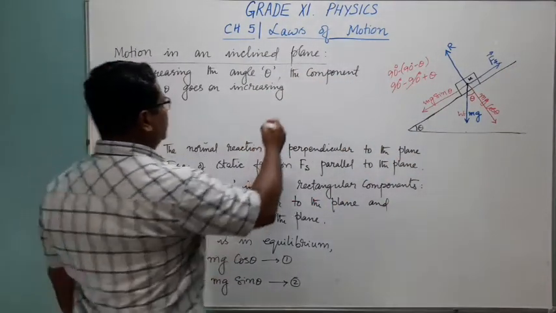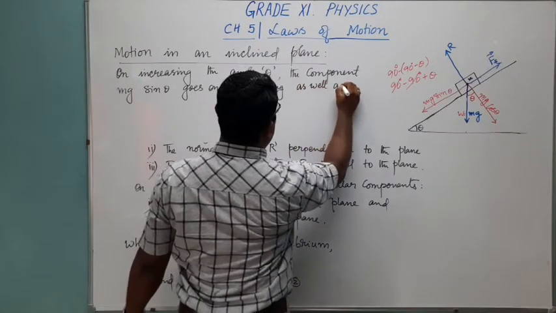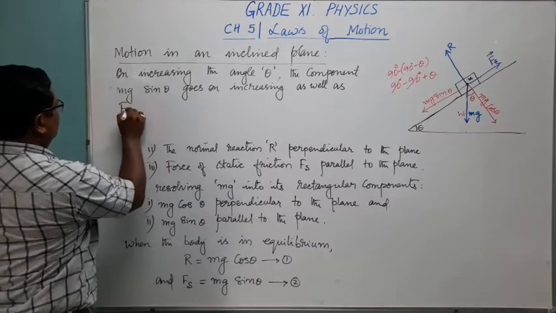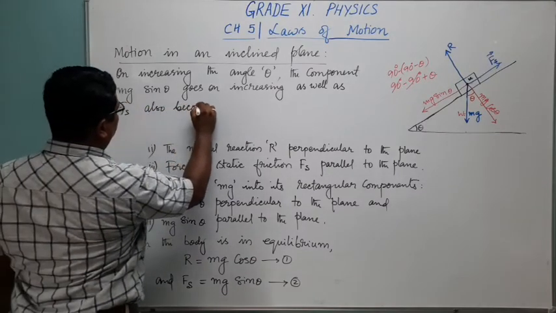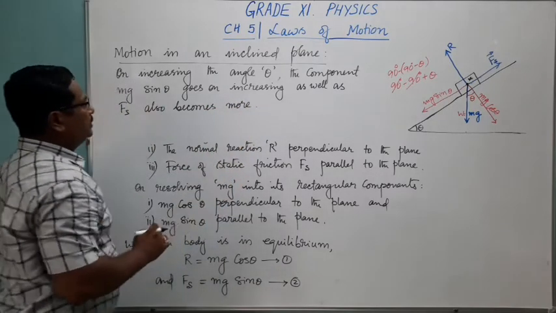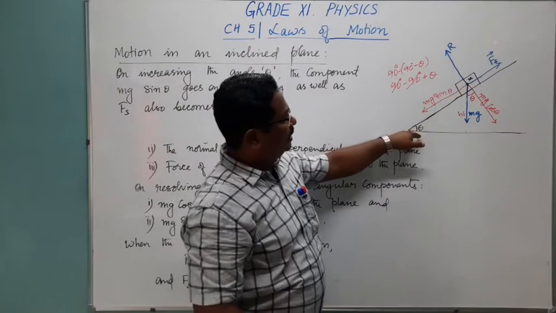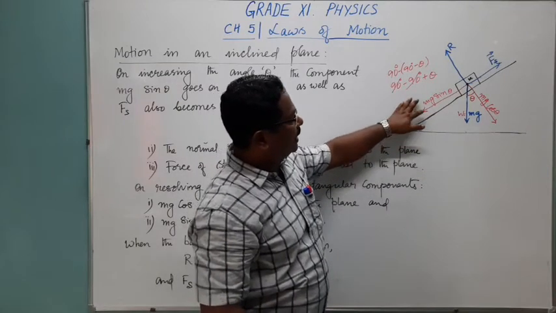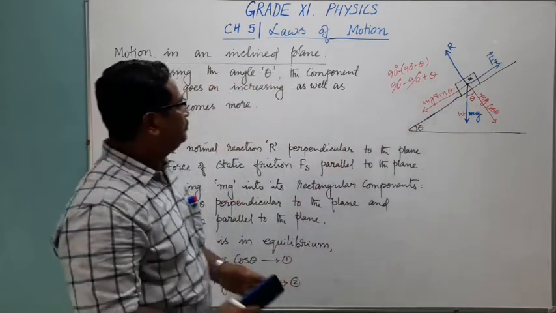It goes on increasing, and the force of static friction will not allow it to slide. But if you go on increasing this angle theta further, then this mg sin theta will overcome the force of static friction, then it will start to slide.